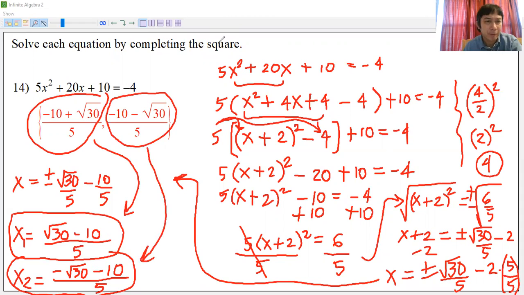Negative 10 plus square root of 30 is the same as square root of 30 minus 10. So this is also correct. And also negative 10 minus square root of 30 is the same as negative square root of 30 minus 10. So they are the same.